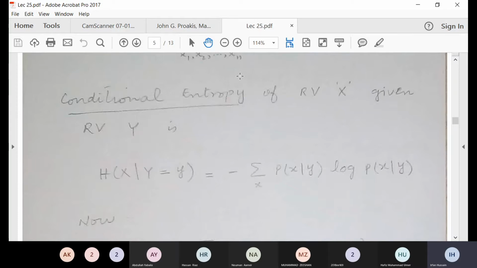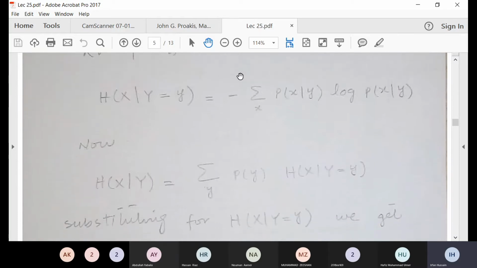In that case, this will be the entropy for a given one value of the random variable, then multiplied by the probability of that random variable and summed over all the values of y. So this will give me H(X|Y), right?